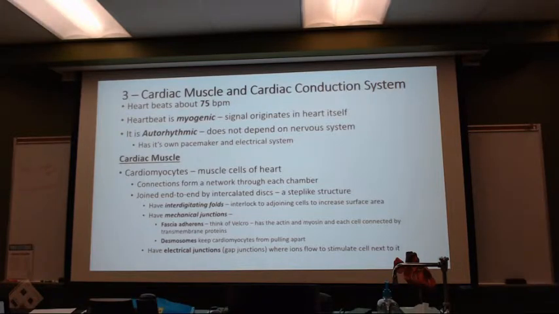Anytime you hear the term fascia, hopefully they talked about this in part 1, fascia means a sheet of connective tissue. So these folds have the fascia, and it's called adherens, to adhere, to keep them together. Think of it like Velcro, okay? That fascia is to hold them together, okay?